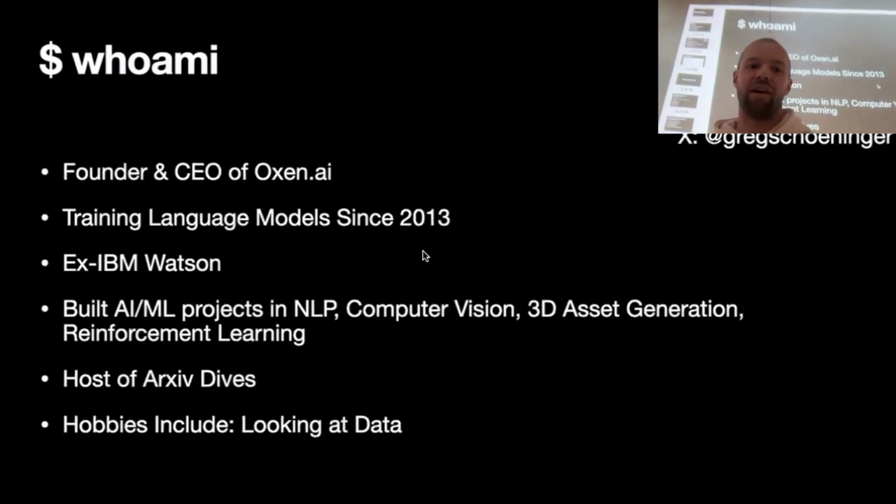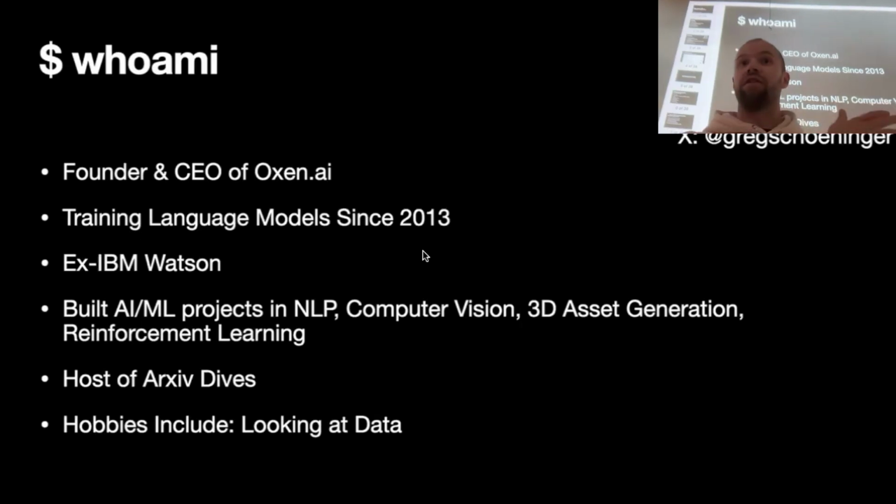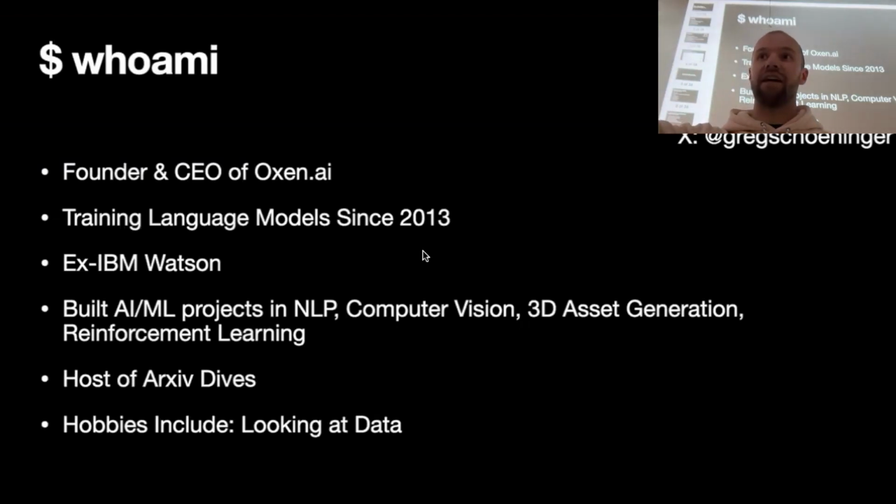Well, if you don't know me, I am the founder and CEO of Oxen AI. I've been training language models since they were just called language models and not large language models. So I was part of a company way back in the day that got acquired by IBM Watson when that was the hot thing. And so our job was to take all of the things that went on Jeopardy and won Jeopardy and upgrade them to a deep learning stack.